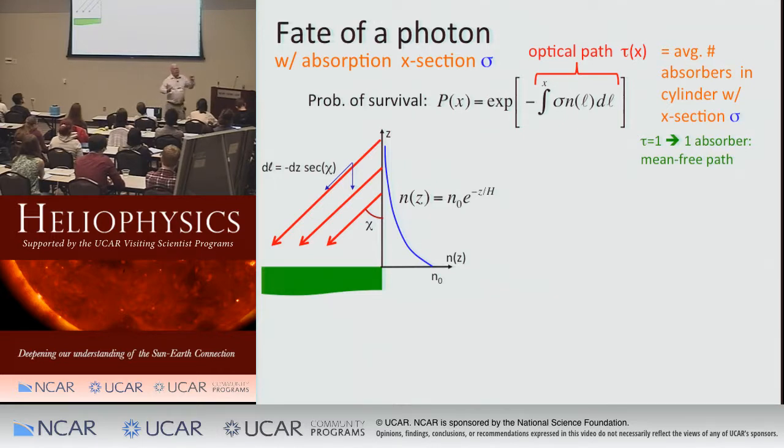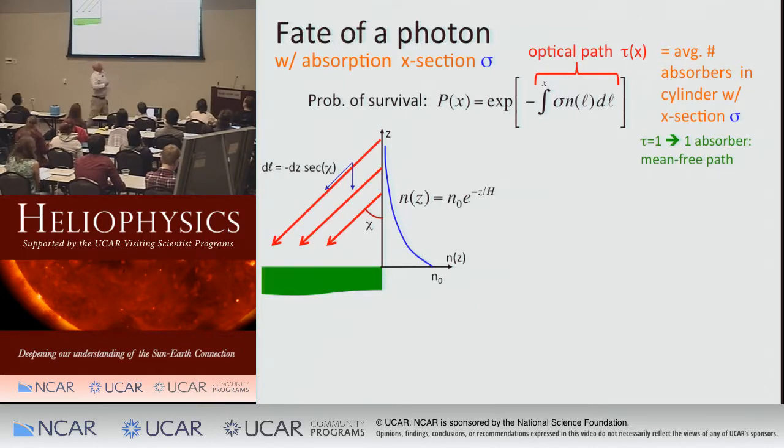Now, if there's one absorber on my path, does that mean my probability of making it any further is 0? I've been absorbed? No. Why not? It's probabilistic, right? I have a certain probability of being absorbed. So the probability is actually e to the minus the number of absorbers, or number of times I might have been absorbed.